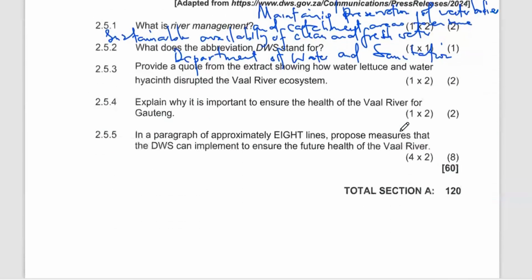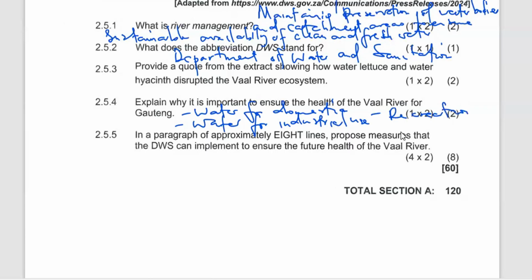Right, moving on to the next question. Explain why it is important to ensure the health of the Vaal River for Gauteng. For the Gauteng people, why is it important? In Gauteng, the Vaal River is used for extraction of water for domestic use, and also for industrial use. It is also used for recreation.